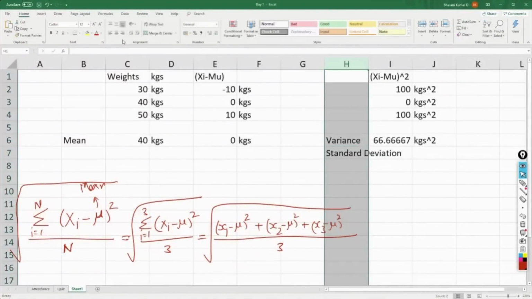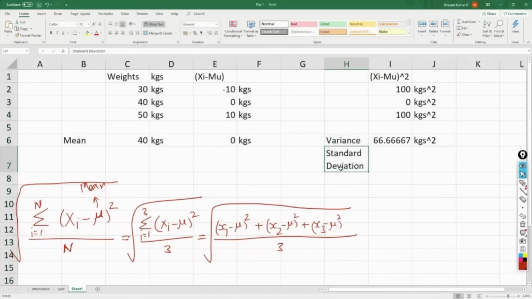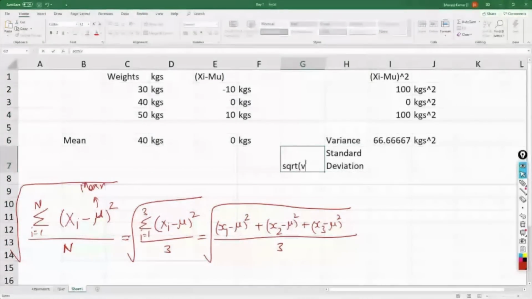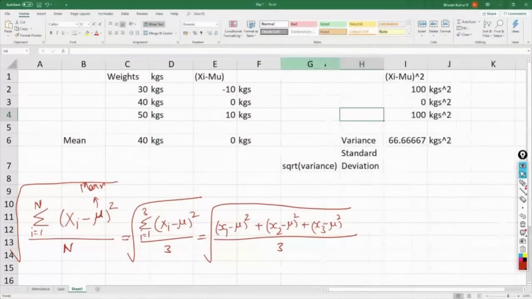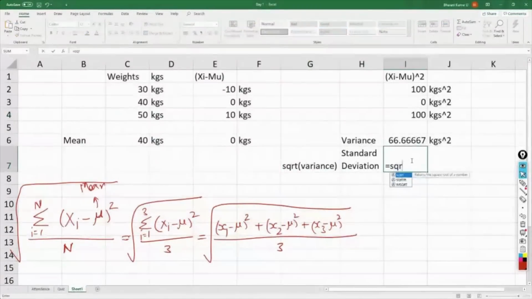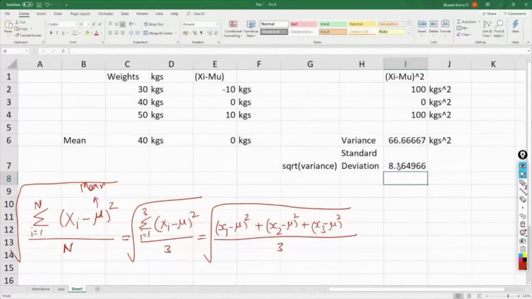Simple. So what is standard deviation? It is nothing but square root of variance. So you take the square root of this. The moment you take the square root, you get 8. And when you take a square root of units, you get back your original units. Wonderful.